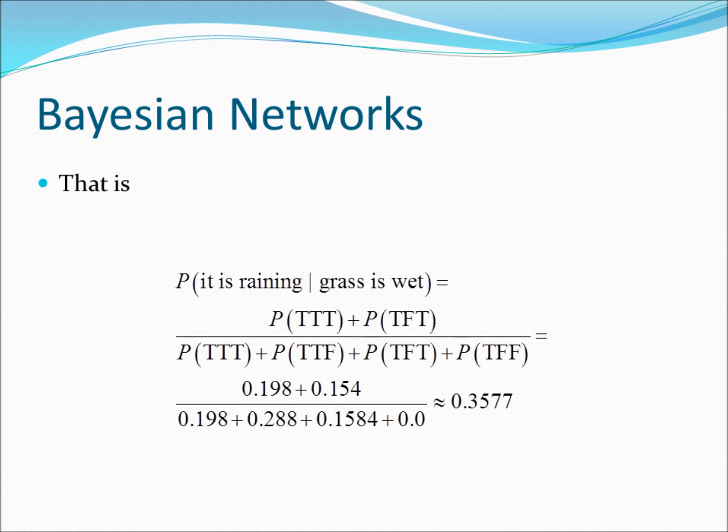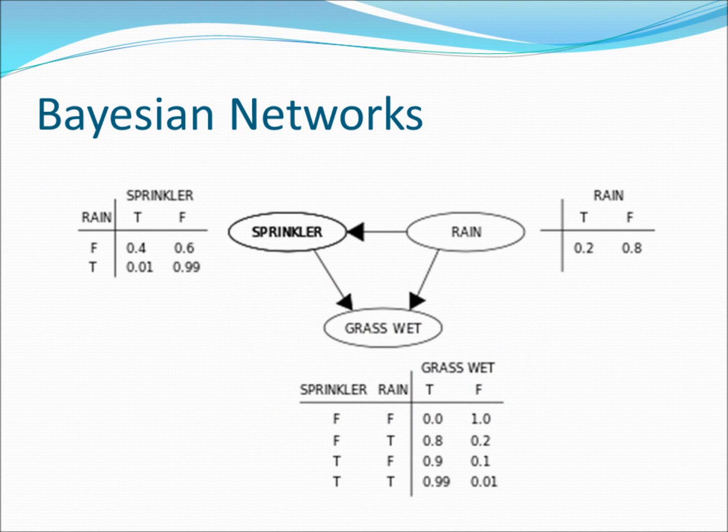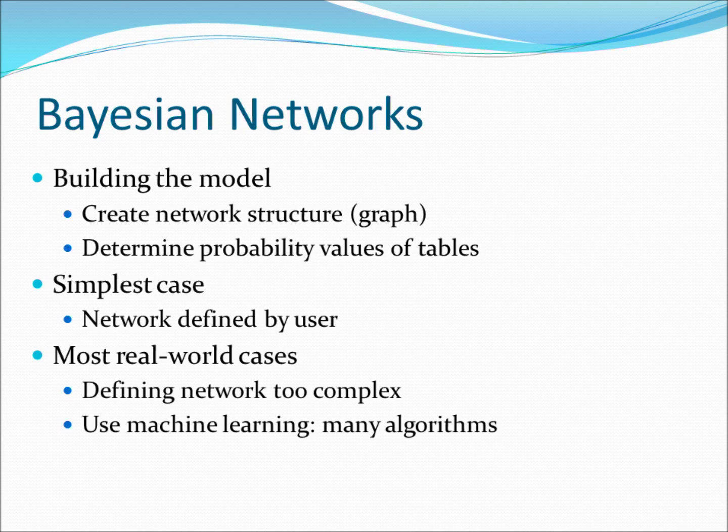That means it's because of the sprinkler system, right? And in here, it's a little more complicated, look at this. The raining also affects the sprinkler system, making things a little more complicated. In naive Bayesian, you don't have that complication. Okay?